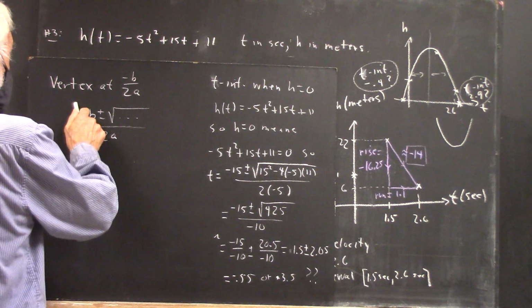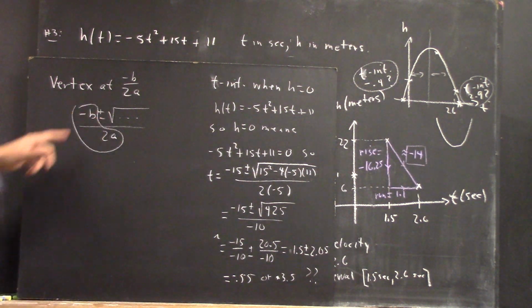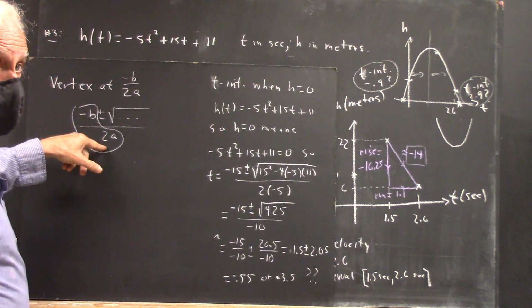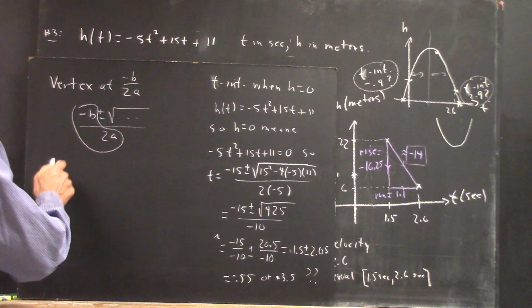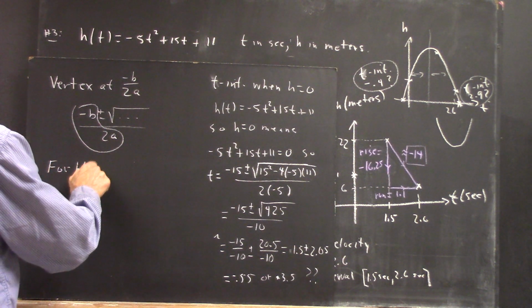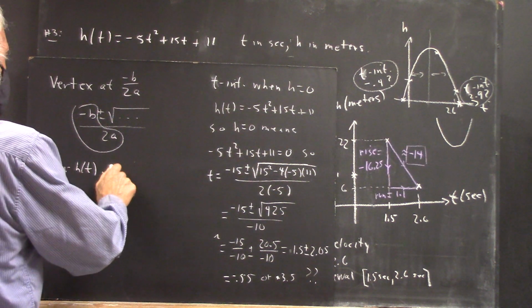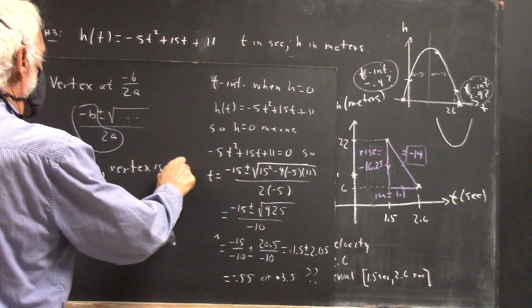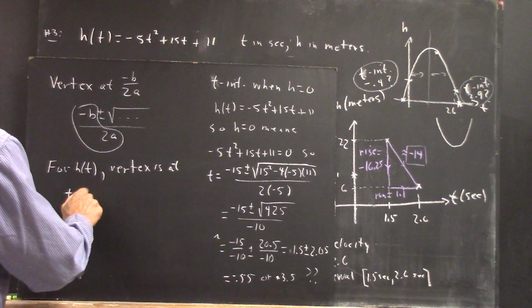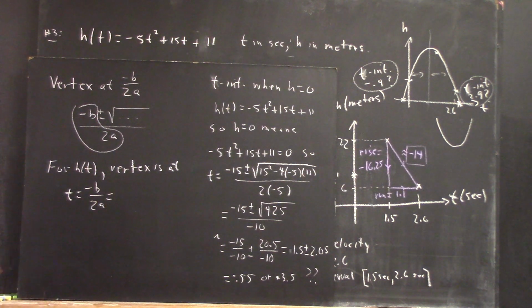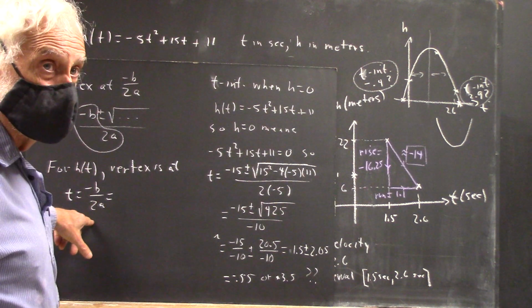And you will usually do that, but right there is the coordinate of the vertex, right? So the vertex is at negative b over 2a.